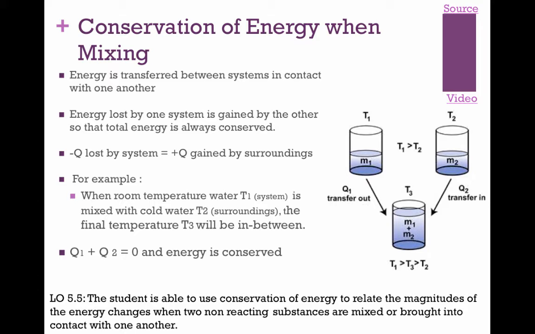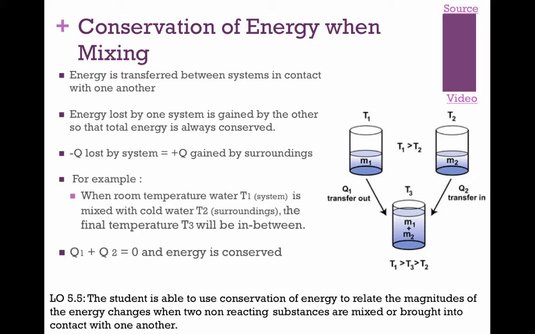And then in terms of Q, this is always a big one that a lot of people forget. The energy that's lost by the system, this is assuming it's exothermic, is gained by the surroundings. Or it could be the other way around. If it's endothermic, this will be positive, this will be negative. It doesn't really matter because it's essentially the same thing as this last bullet point.